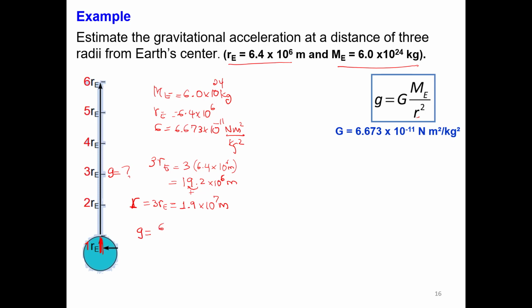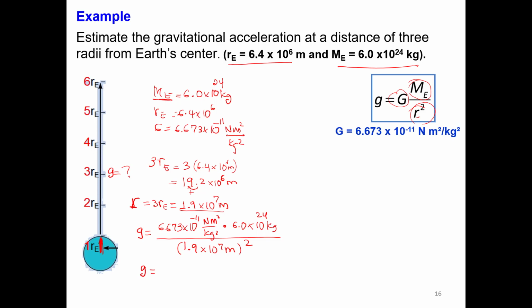And it's 6.673 10 to the power minus 11 times the mass, which now will be 6.0 10 to the power 24 kilograms, divided by 1.9 10 to the power 7 meters, and we need to square this one. That part you have to really be careful with.